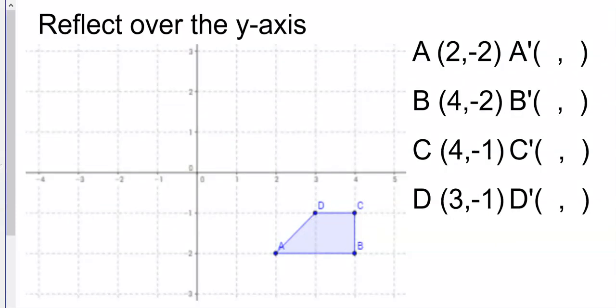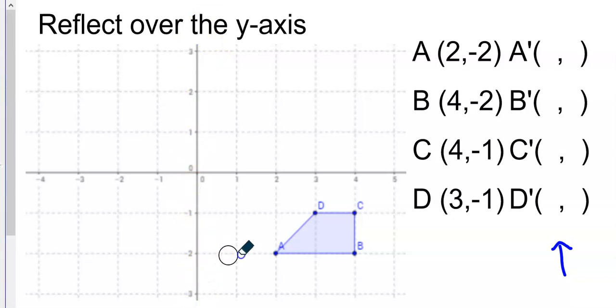Whenever we're doing any of these reflection problems, you need to be able to do two things: not only graph it, but also state the ordered pairs of the new image points. If I'm reflecting this over the y-axis, this is going to be your line of reflection, the y-axis.